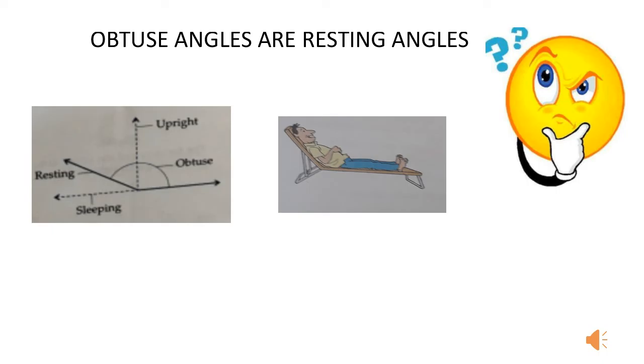But exactly he is not sleeping, so it's not a straight angle also. It means the angle formed by a person when he is resting and completely not sleeping, then he is taking a position or posture of an obtuse angle.